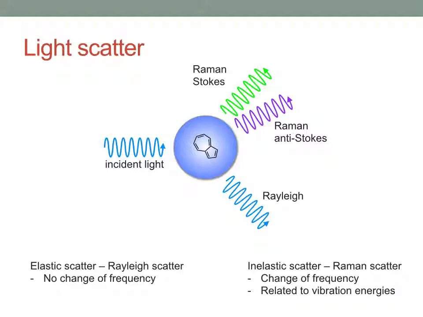Now, something that's interesting about Raman, when comparing it to infrared, is that I can use any wavelength of light. Because I'm looking at scattered light, I can use any laser, any bright light source that I like. I'm not just limited to having light sources down in my infrared region.